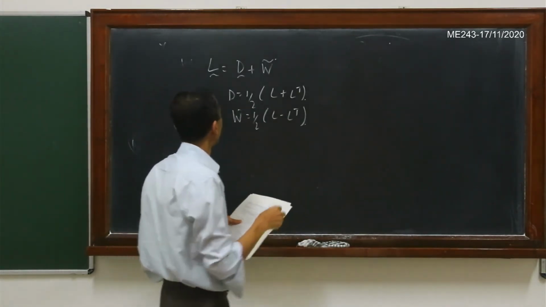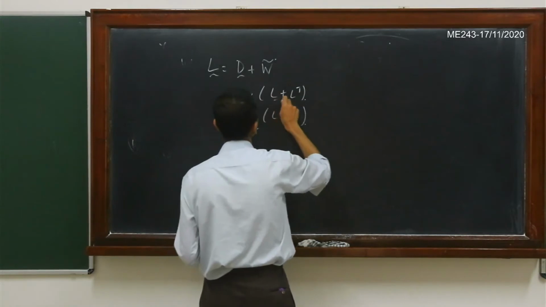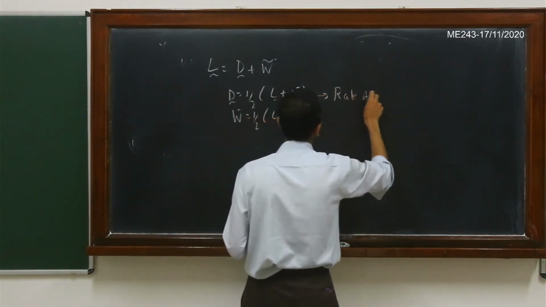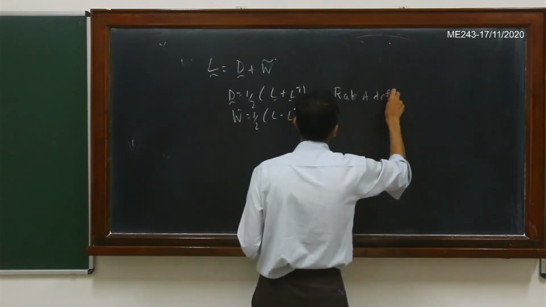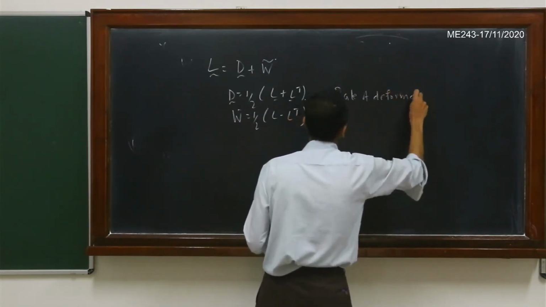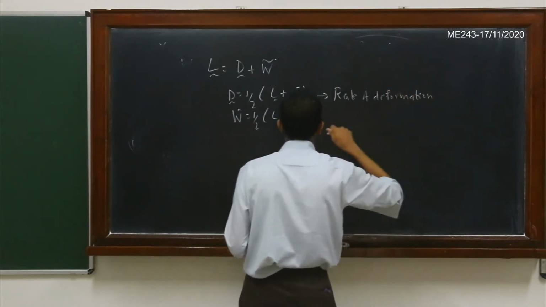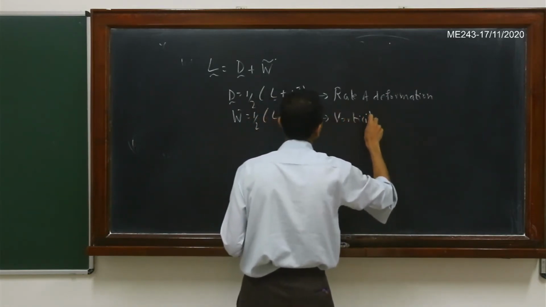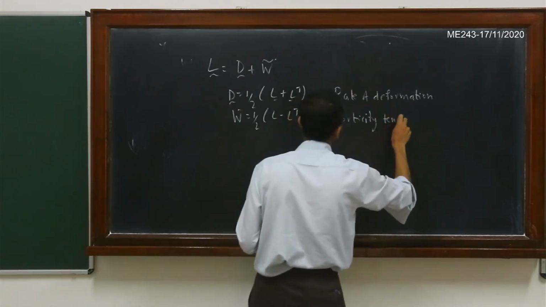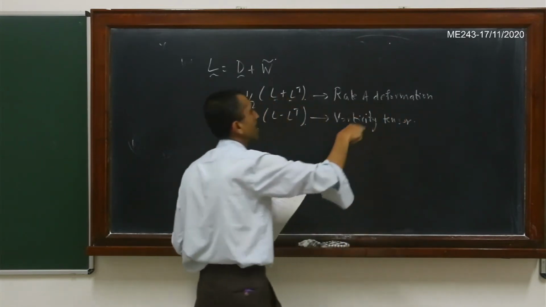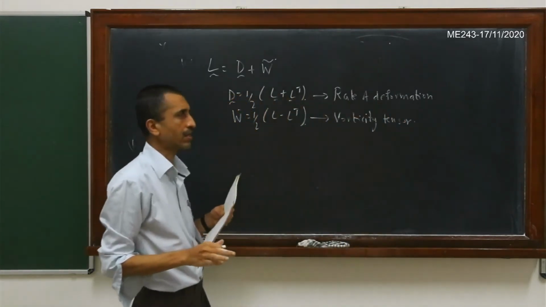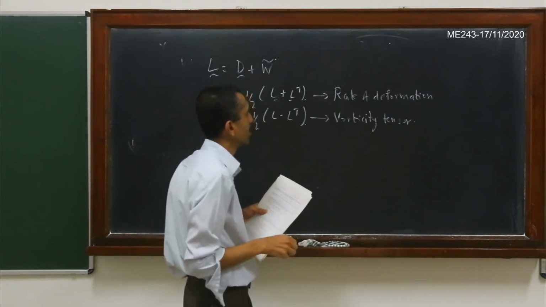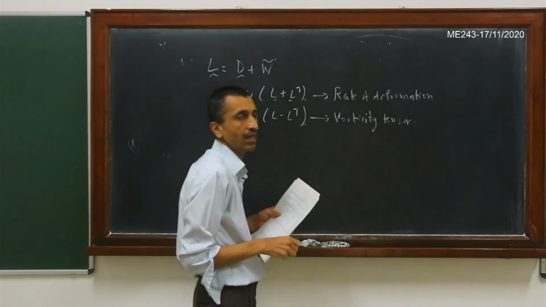So this D, which is the symmetric part, is known as the rate of deformation tensor, and this W tilde is nothing but the vorticity tensor. There is a slight difference in the terminology used by the continuum mechanics people and by the fluid mechanics people here.